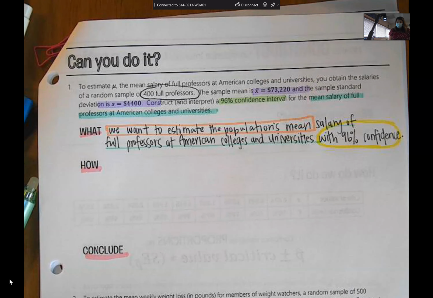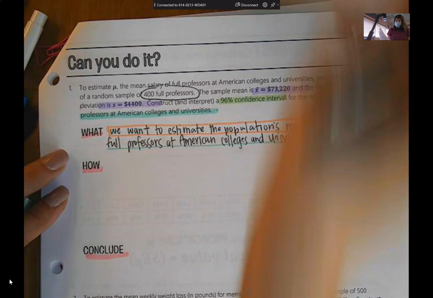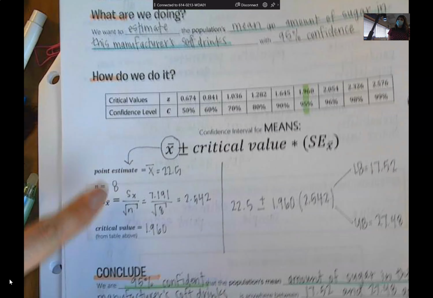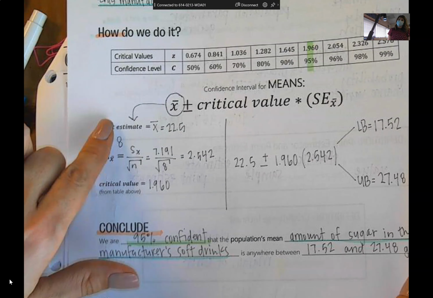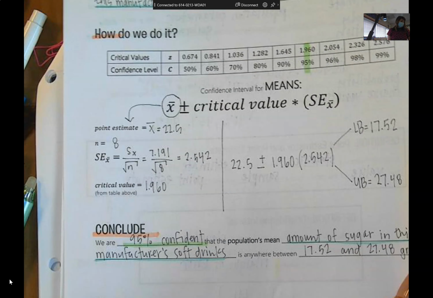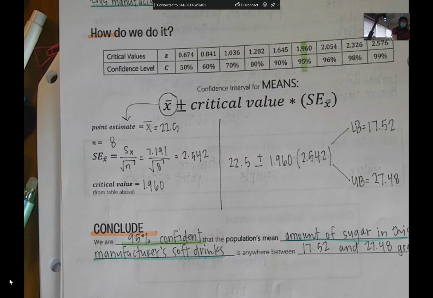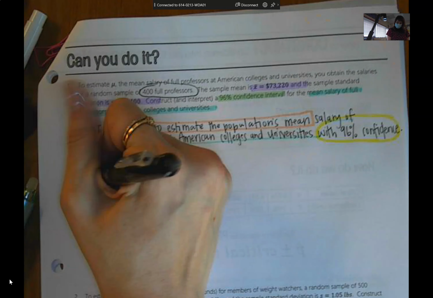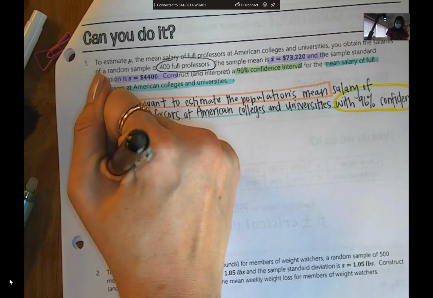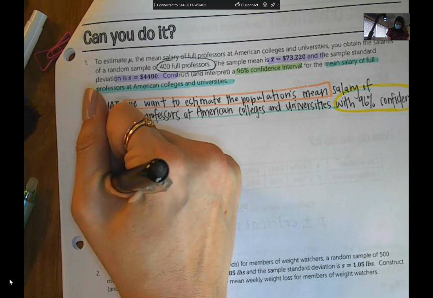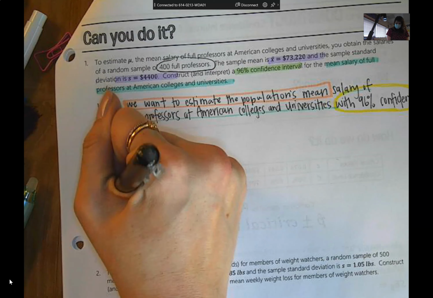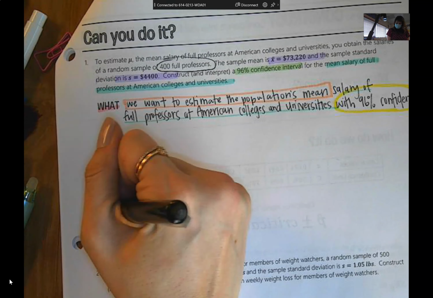Okay, down the side, I'm going to remind you of what values you're looking for, and I'm taking them straight from here. The first thing that you need is your X bar. That's your point estimate. Your N, your standard error of your sample, and then your critical value.